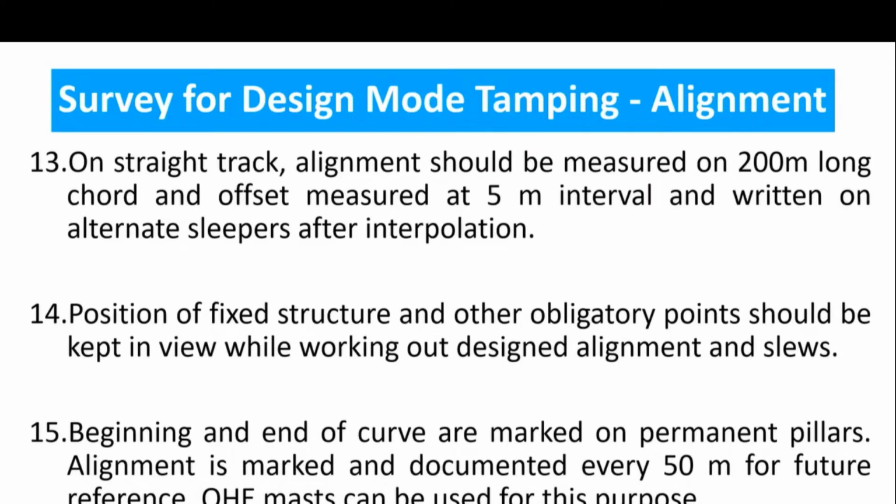I am just reminding this, because these things will also be required when we are doing survey with total station or the survey trolleys. These are to be taken care of during that survey also.